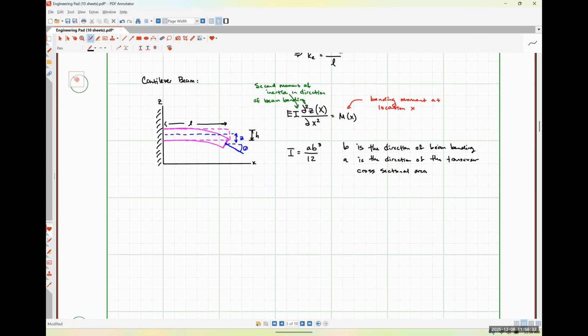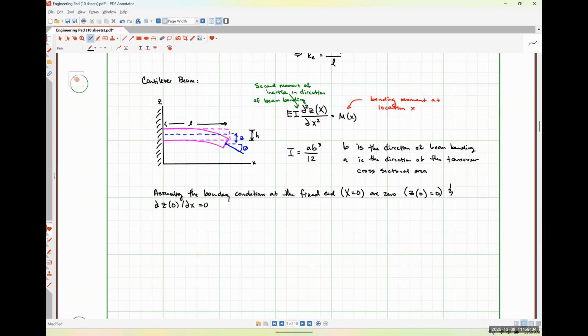So if we assume the boundary conditions at the fixed end where x is equal to 0, meaning that z at 0 is equal to 0, and we assume that the derivative at 0 is also 0.